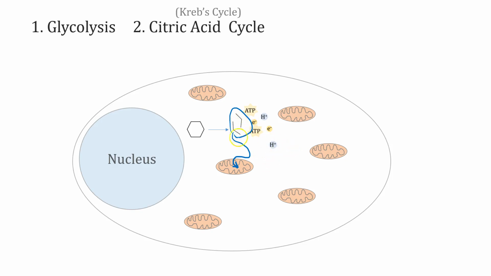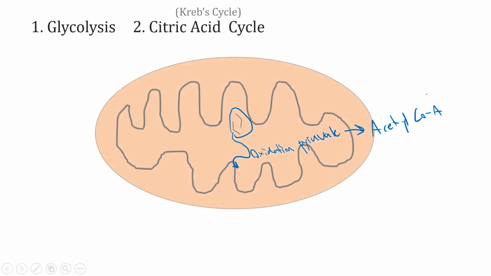Right, so these things are going to migrate their way into the matrix of the mitochondria. Along the way, there is going to be the oxidation of pyruvate. So now it's going to be forming this stuff called acetyl-CoA by the time it reaches the matrix.